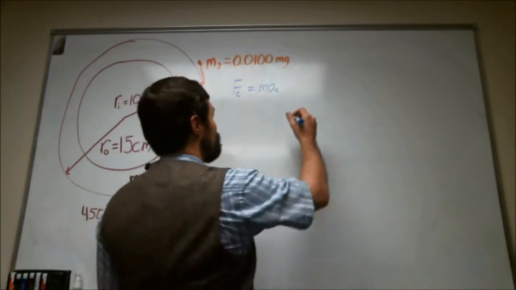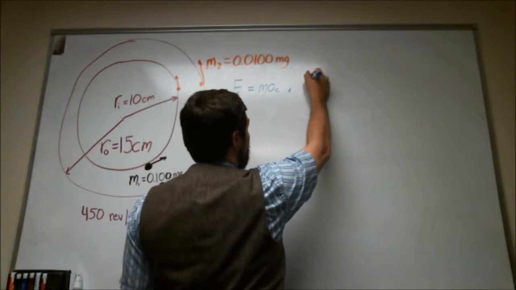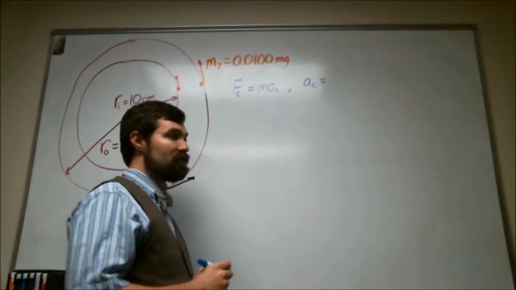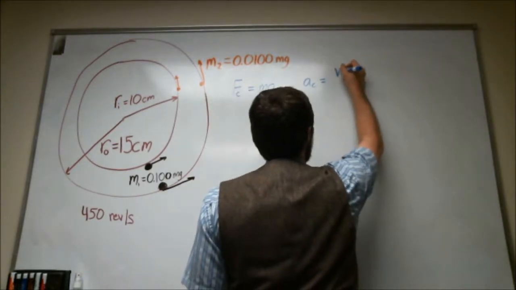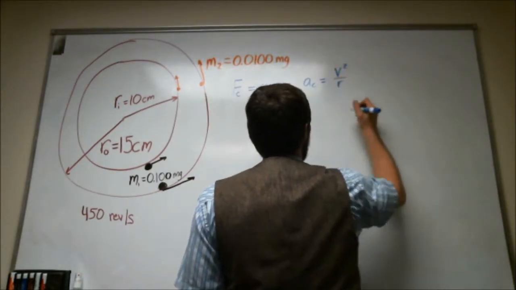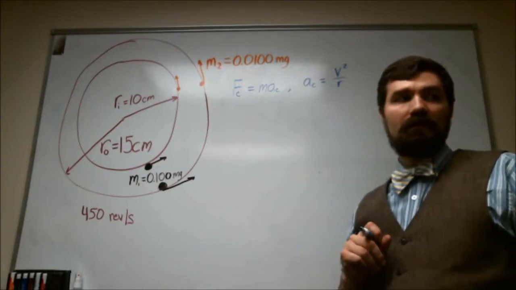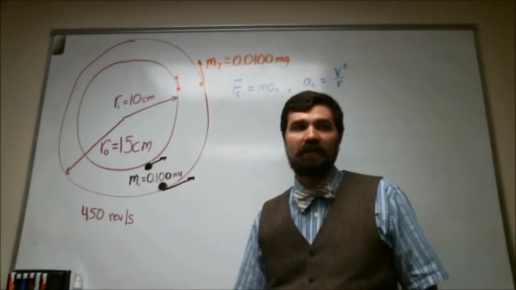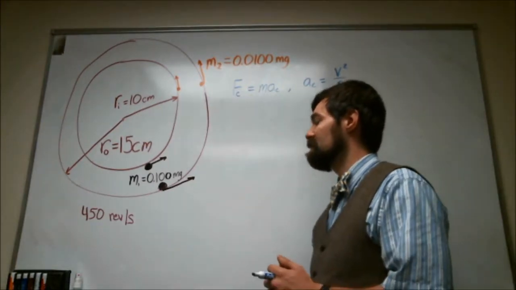And the centripetal acceleration, in turn, is going to be the object's tangential speed squared divided by the radius from where the object is to where the center of this spinning motion is.